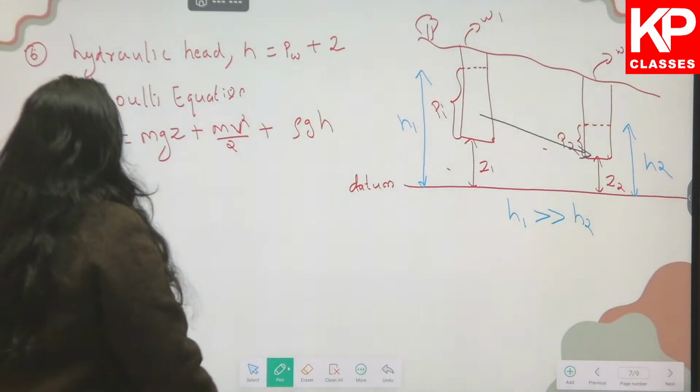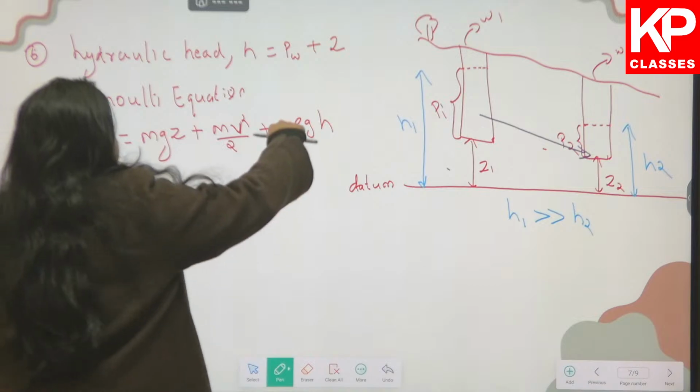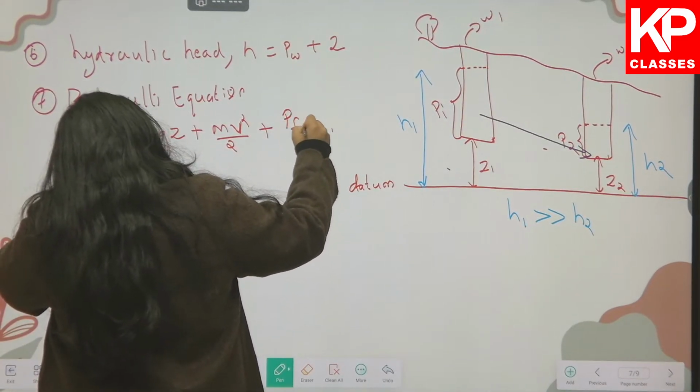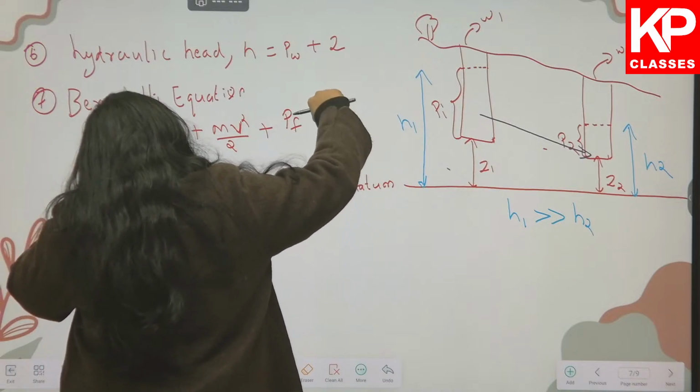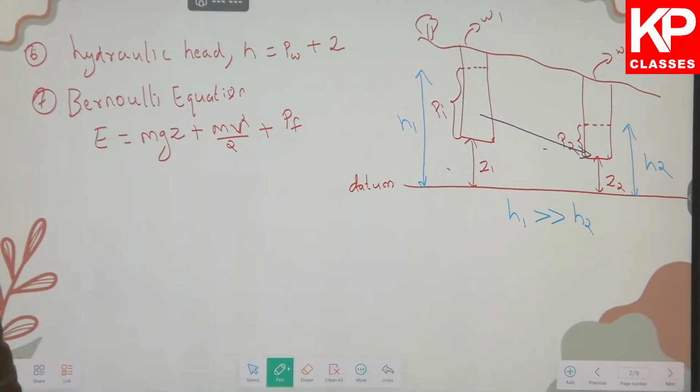Now this is the equation. So I'll write it over here, with the pore water pressure term. So this is Bernoulli's equation.